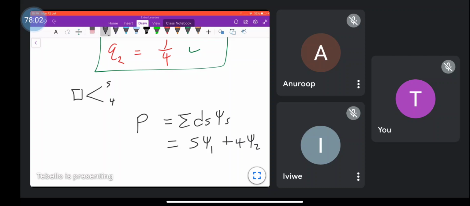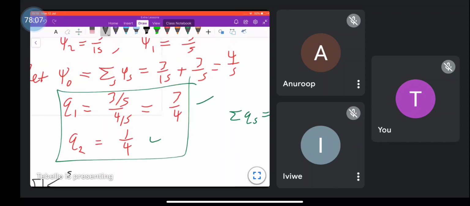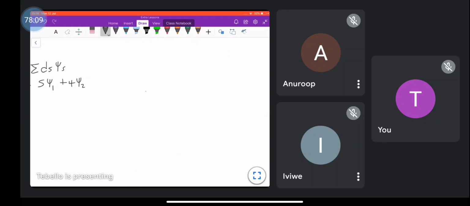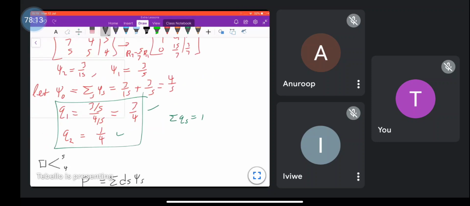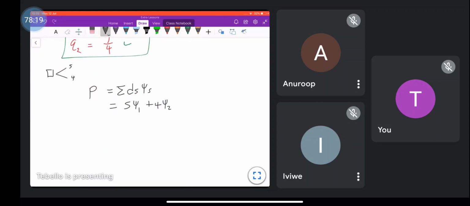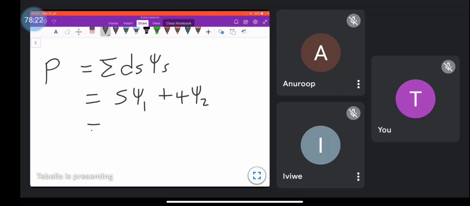We already know psi 1 and psi 2. Psi 1 is 3 over 5, and psi 2 is 3 over 15. So to find the price, you will have 5 times 3 over 5 plus 4 times 3 over 15.